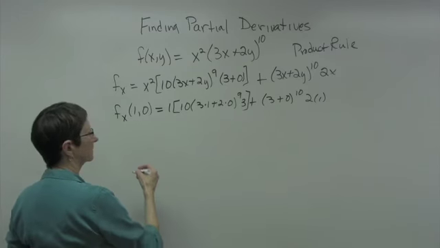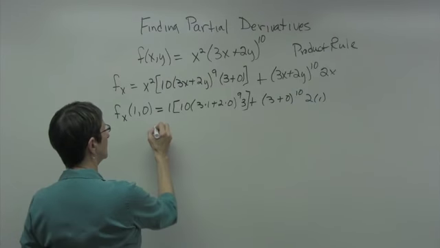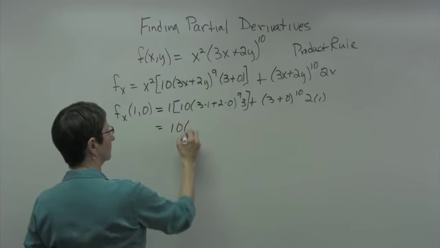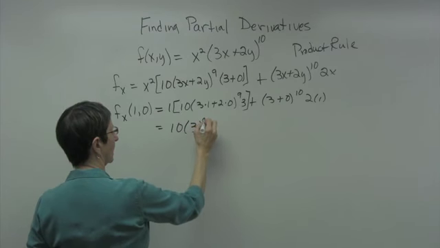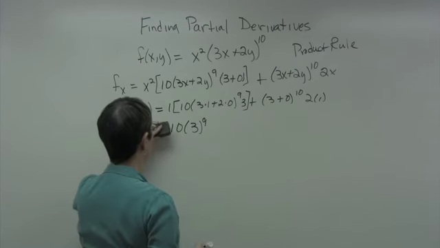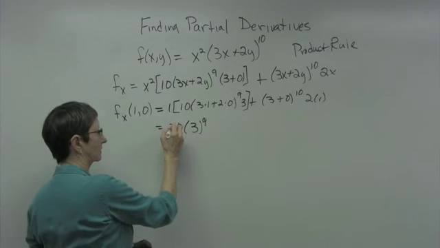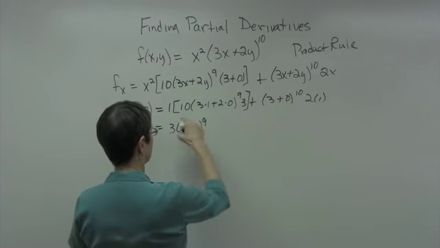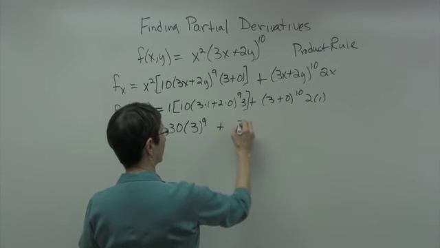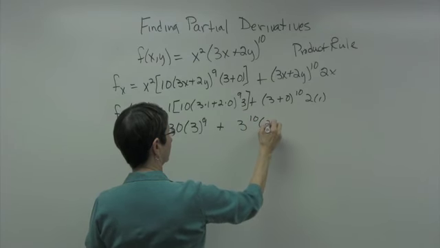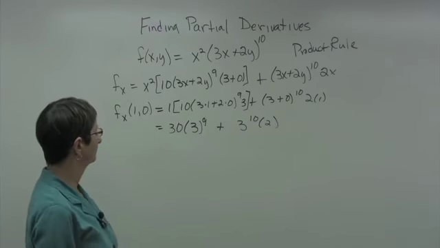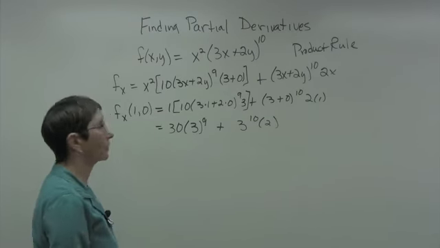Well, I guess I could. I don't have any idea what it's going to equal. 3 to the 9th times 3, that can multiply by the 10 here, plus 3 to the 10th times 2. Okay, which is whatever that's equal to.